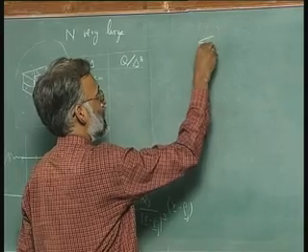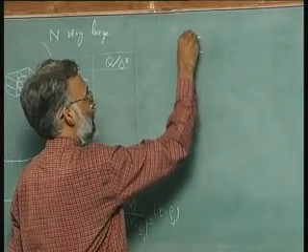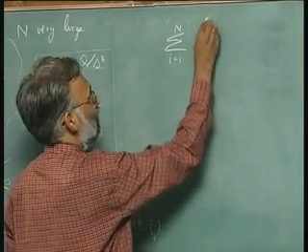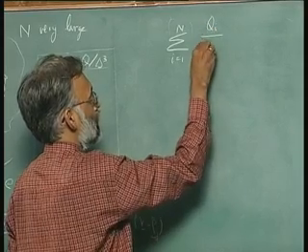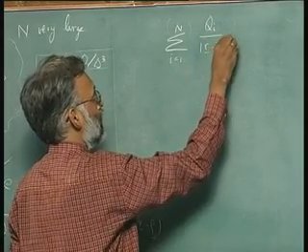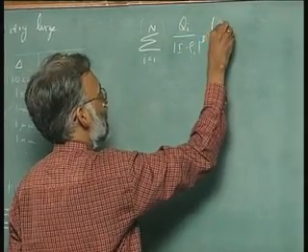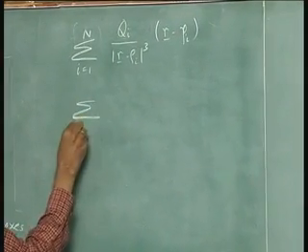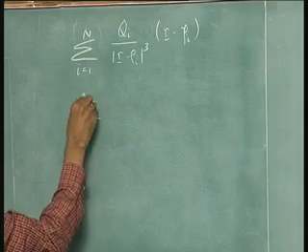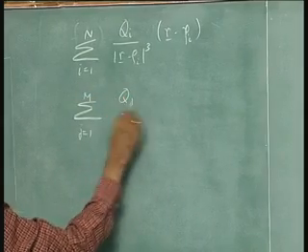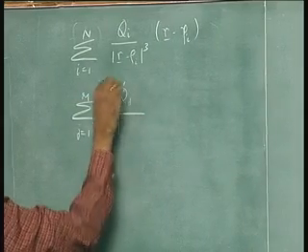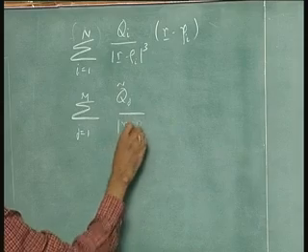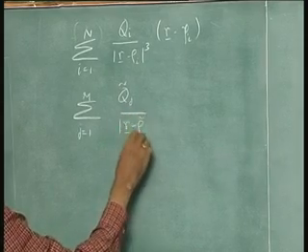I have in one case sum i equals 1 to n qi over r minus rho i cubed times r minus rho i. In the other case, I have sum j equals 1 to m qj, maybe I should give it a different symbol, r minus rho j, again a different symbol.